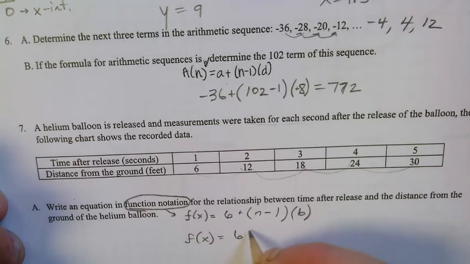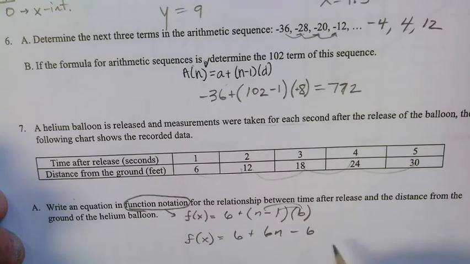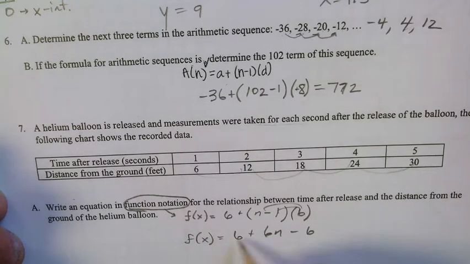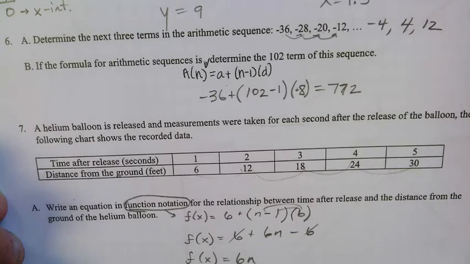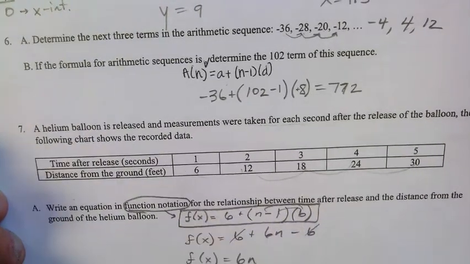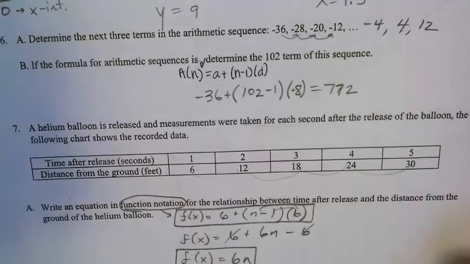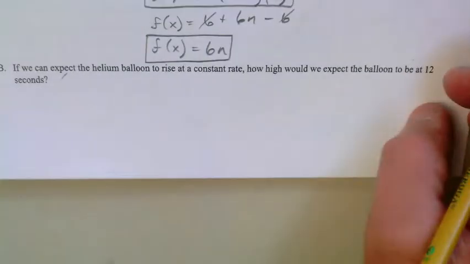We can simplify this by distributing that 6, and then the 6's will cancel each other out, and you have f of x is equal to 6n. I don't care if you give me this one right here, or you can do that one right there. Either way.